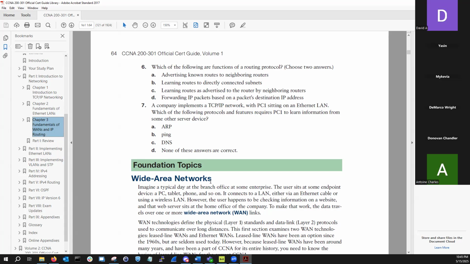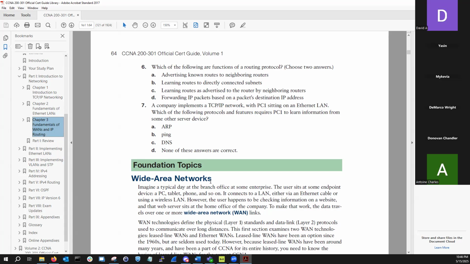Whenever you've got IP addresses and it's going through that default gateway, the router automatically learns that IP and sends it to the routing table, to the neighboring routers. So a router automatically does that without a routing protocol?